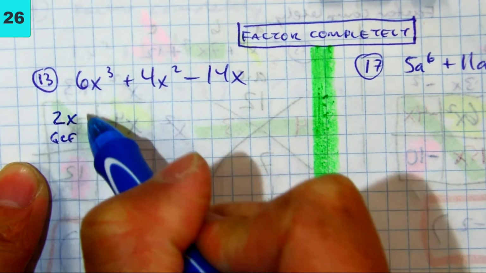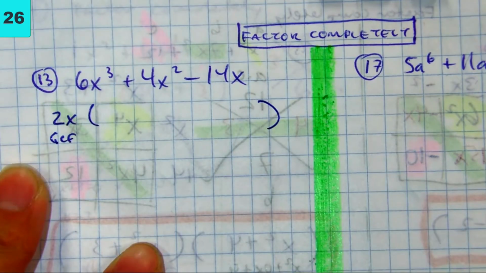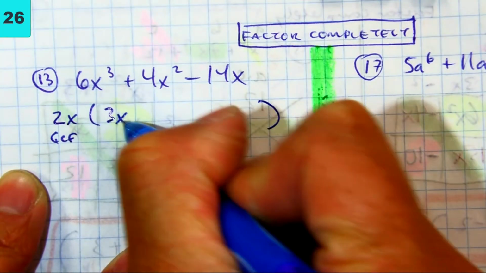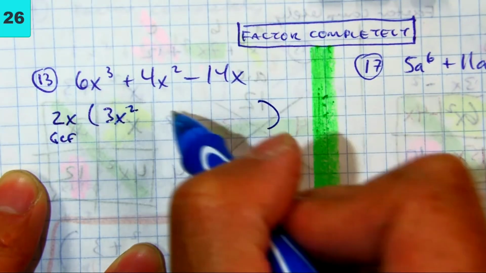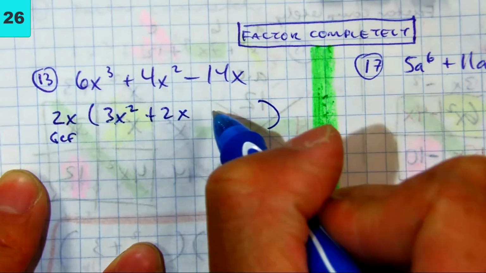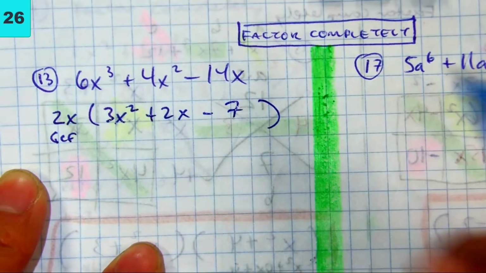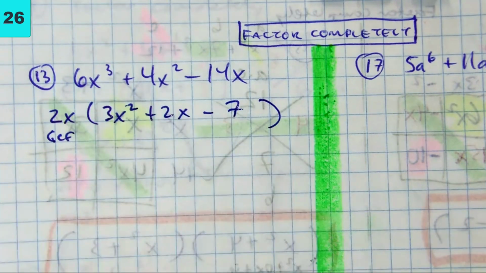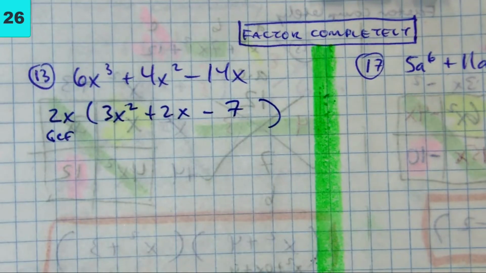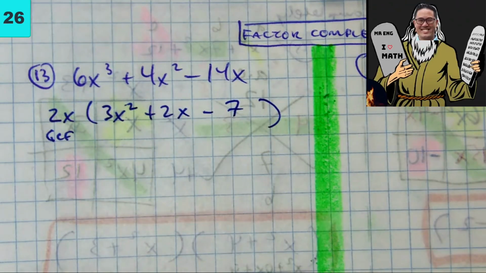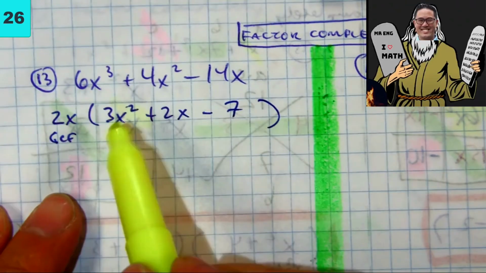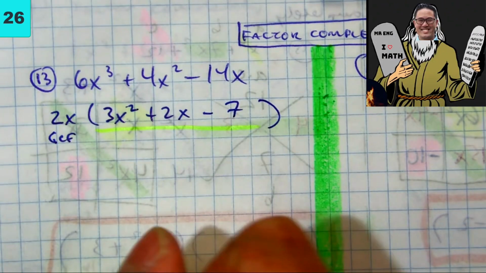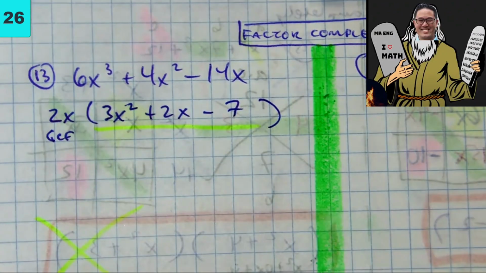Okay, what's left? 3x squared plus 2x minus 7. Vita, what's half of 2? 1. There you go. Good job, Vita. Alright, Charlotte, what do we do? What's A times C, Charlotte?